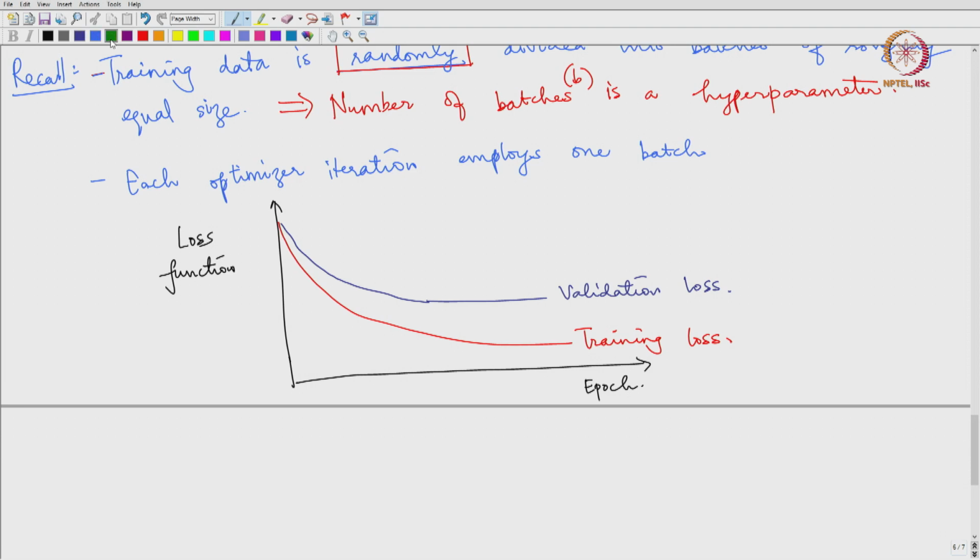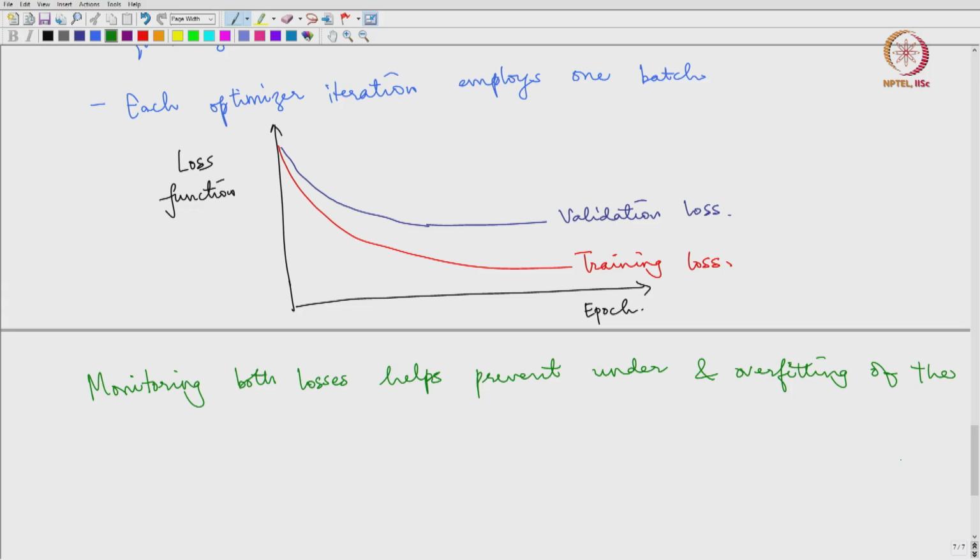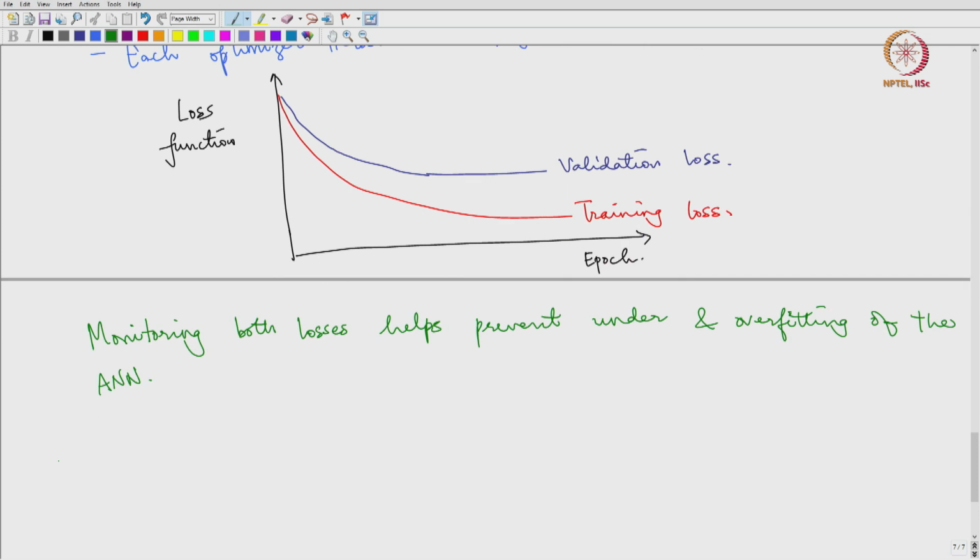So, you should monitor the train and the validation loss to prevent overfitting. Monitoring both losses helps prevent under and overfitting of the ANN. You already know that if your training loss is too low, but the validation loss is high, that means you have overfit, and if the training loss itself is high, then you have underfit the model. Okay.